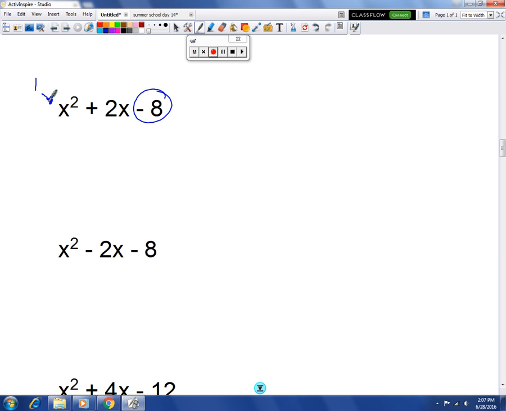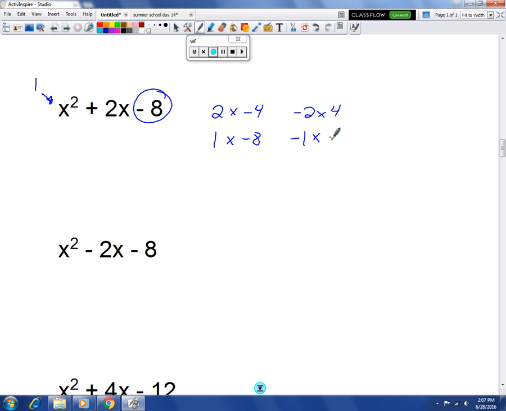A negative 8. So it's a negative, so one's positive and one's negative. 2 times a negative 4, negative 2 times a positive 4, and sometimes we don't think of 1 times 8.